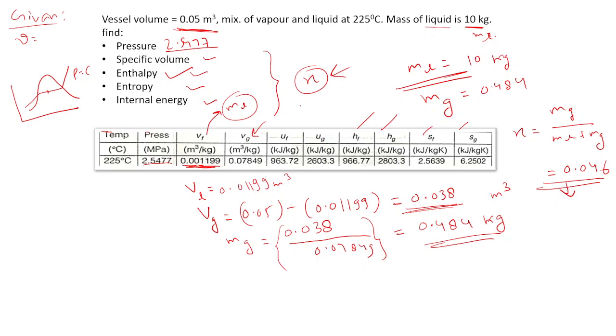So now I would say it is not given in the problem. Then you have to find the internal energy. Can anyone suggest how you will find it? Let's suppose it is not here. So we can use H equals U plus PV.